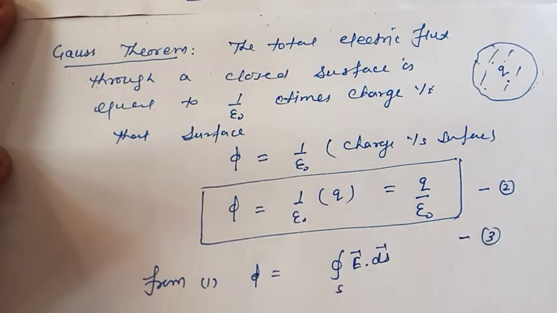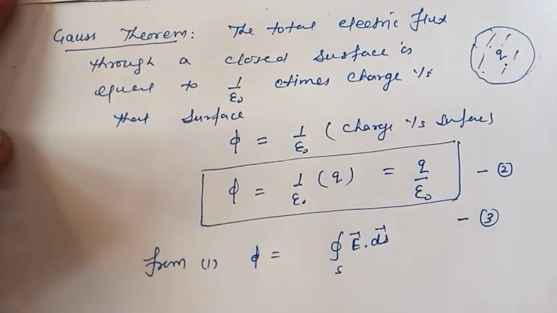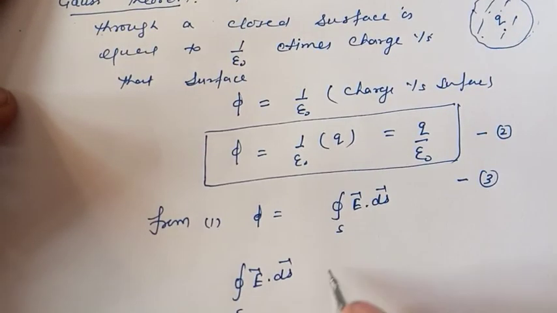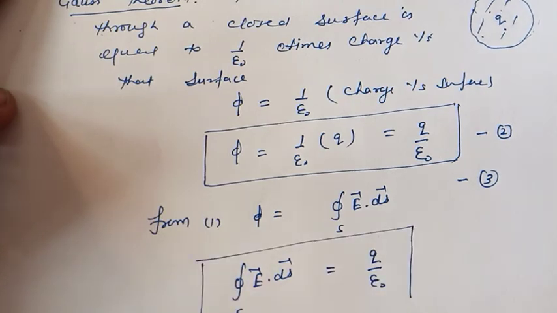Now equate these two equations, both are equal. This electric flux is through Gauss theorem and this electric flux through the definition. So what will we conclude? E dot ds is equal to Q upon epsilon 0. So this is the important conclusion we draw from here.